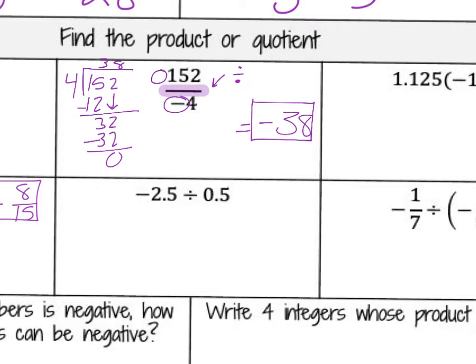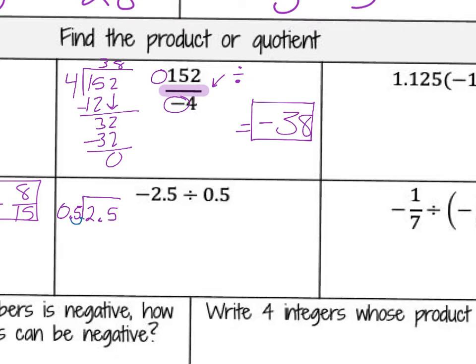Okay. Decimals, the first number goes inside. So 2.5 goes inside the little division house. And 0.5 goes outside. Then we have to move the decimal on the outside enough times that it comes after all of the numbers on the outside.